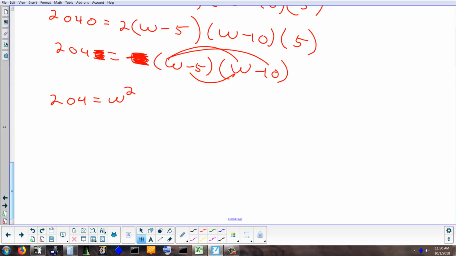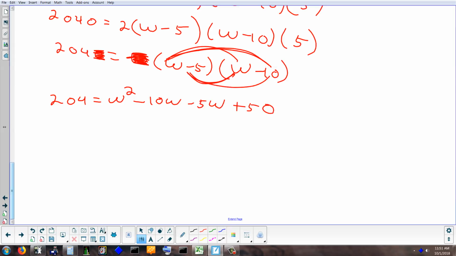Let's write it out. Let's do the first one. What's W times negative 10? Negative 10W. And then W times negative 5? Yep, and we'll come back to combining the like terms in a separate step. And then negative 5 times negative 10 is positive 50.